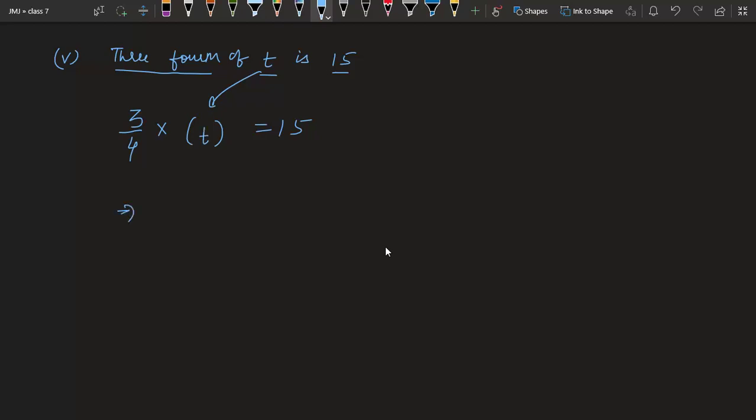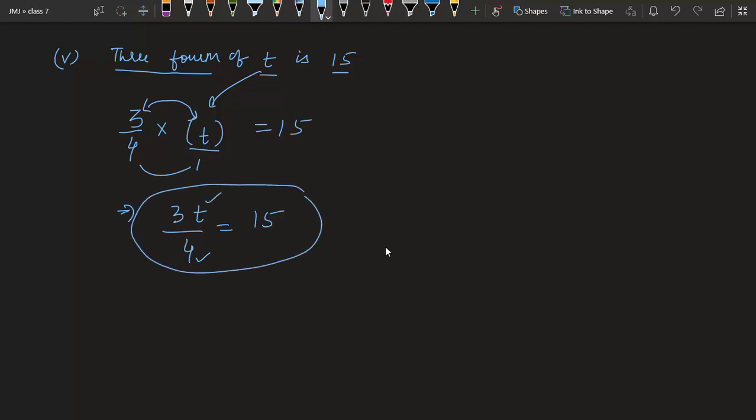So the statement should be 3t upon 4 is equal to 15. Why? Because in multiplication of fractions we multiply the numerators. We can take this t as t upon 1. So 4 ones are 4, 3 into t is 3t, and this is the final equation.